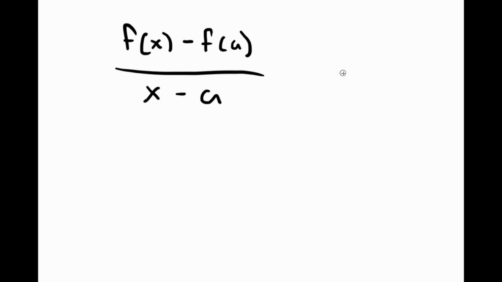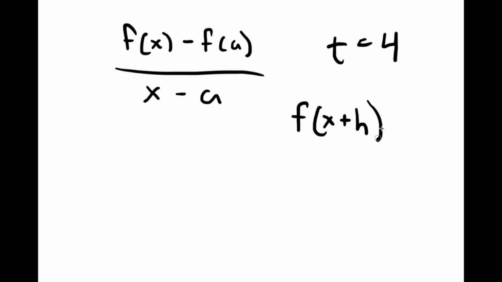Because before, with the last problem, when we changed t from 5 to 4, it went from a solid number to just 0. So that small difference changed the output by a great amount. We could basically just say f of x was changed to f of x plus h, for example.